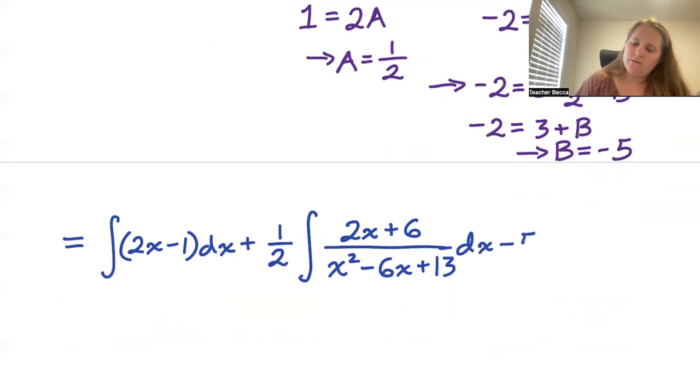Then we have negative 5 times the integral of 1 over x squared plus 6x plus 13 dx.